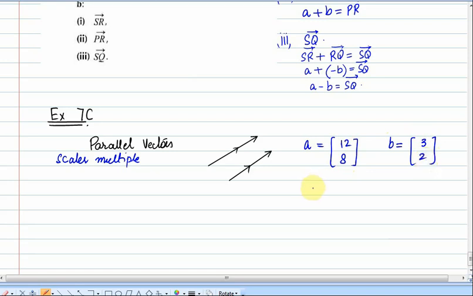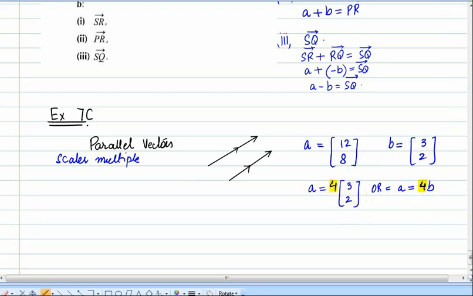Now, if I take 4 common here, inside the bracket it will be 3 and 2, which is equal to B, so I can say that A is equal to 4 times B, right? Now that is what I meant by scalar multiple.